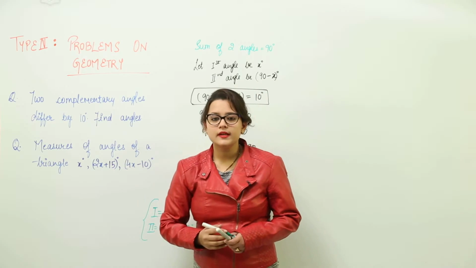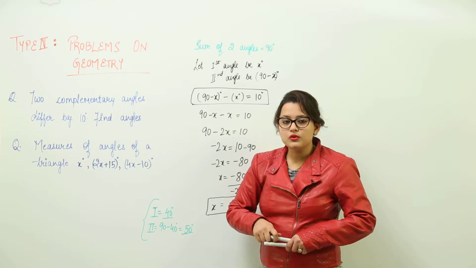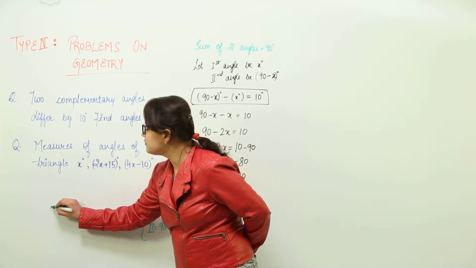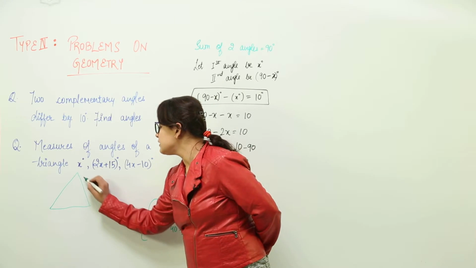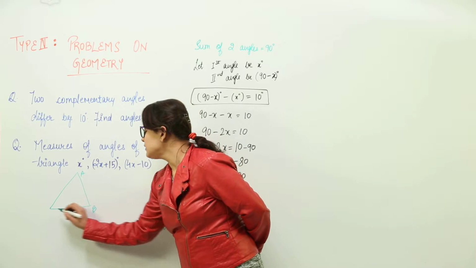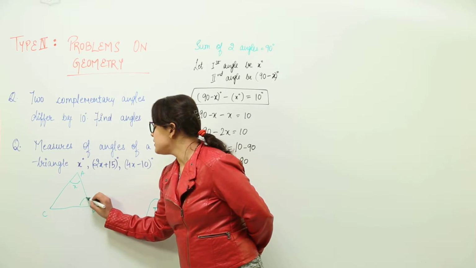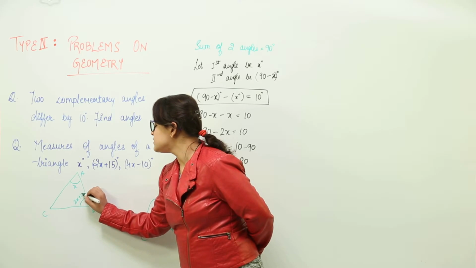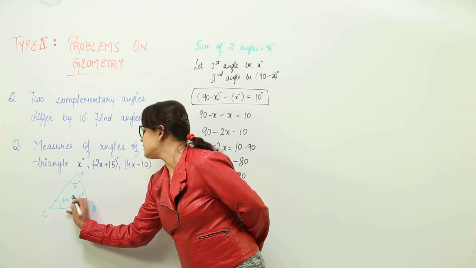Now discussing the second one, the measurements of the angles of a triangle. We know that a triangle has three sides and three angles, that is angle A, angle B and angle C. Angle A is x degrees, angle B is 2x plus 15 degrees and angle C is 4x minus 10 degrees.